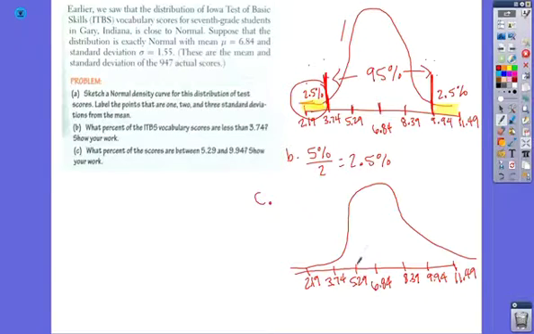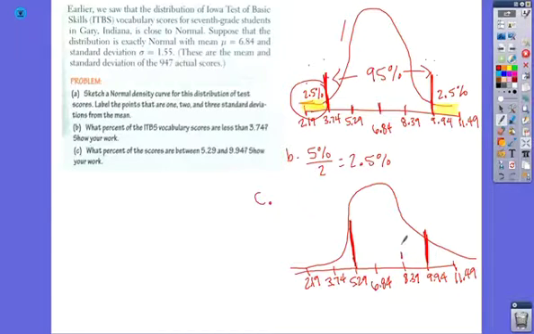So we are finding the scores that are between here and here. And so what we have to do for that is we see that this 5.29 is 1 standard deviation away.